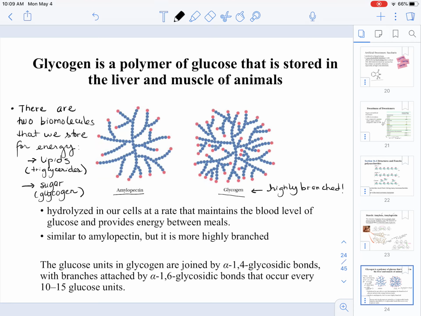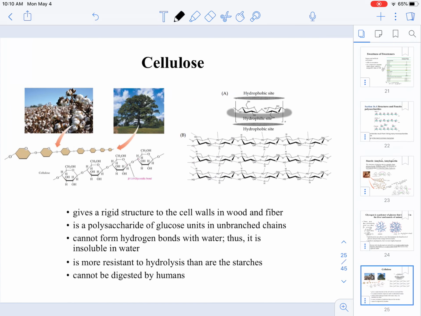I just mentioned that it is more branched than amylopectin, and the glucose units in glycogen are joined by alpha-1,4 glycosidic bonds in the main chains, and the branches are alpha-1,6 glycosidic bonds. So how the glucose molecules are linked to one another is very similar to what we observed in amylopectin.